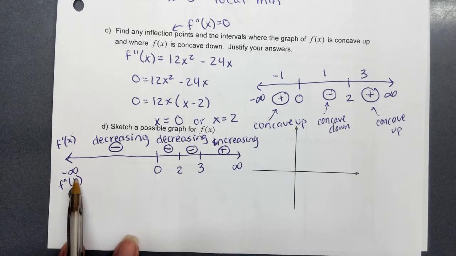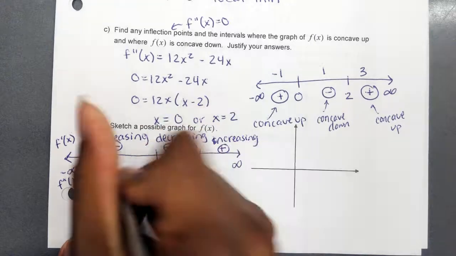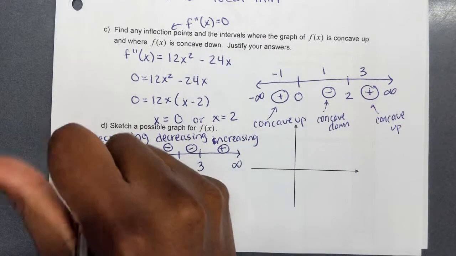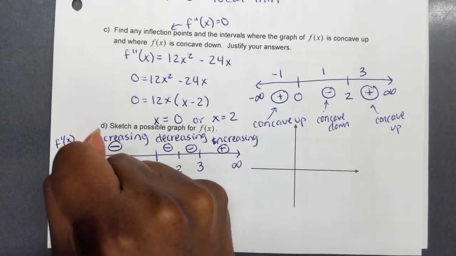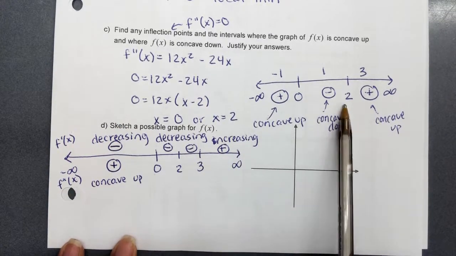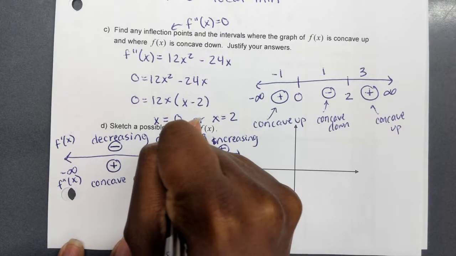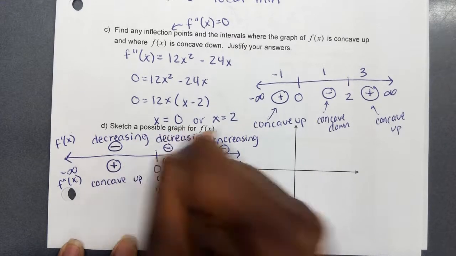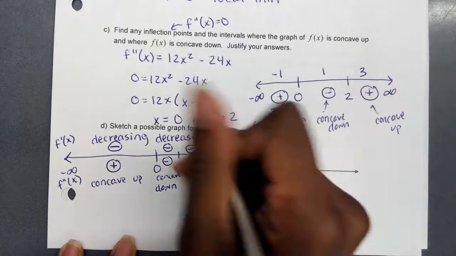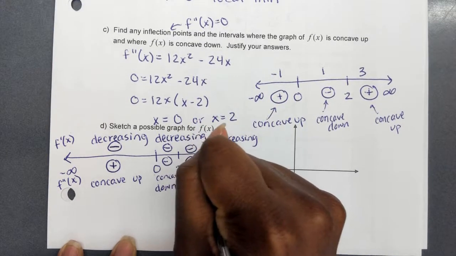Now, my second derivative test told me that from negative infinity to 0, we had a positive second derivative, which means we were concave up. From 0 to 2, we were negative, so we were concave down. And then from 2 to positive infinity, we were positive, so we were concave up.